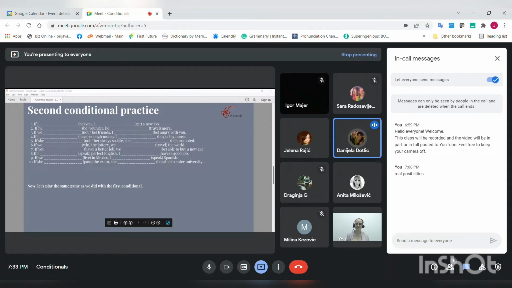If I had enough money, I would buy a big house. Yes, I think this is my example that I always use, although I don't really need a big house. Nice. Draginja? If she wasn't always so late, she would be promoted. That's right. But unfortunately, she's always late, so she will probably not be promoted.